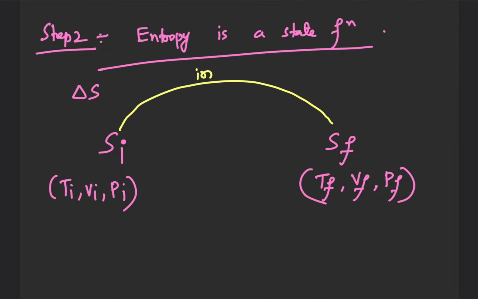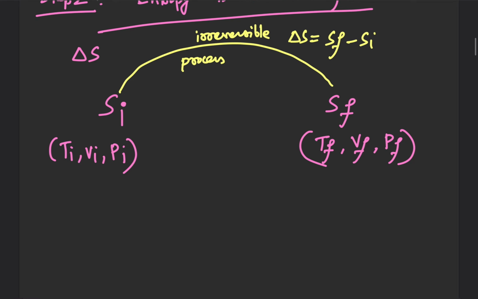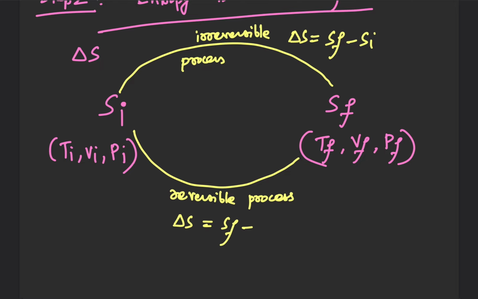You can do an irreversible process, let's say the actual free expansion that we are doing, in that case delta S will be equal to Sf minus Si. You can also do a reversible process to go from Si to Sf, which is the hypothetical reversible process. In that case also, delta S will be equal to Sf minus Si.